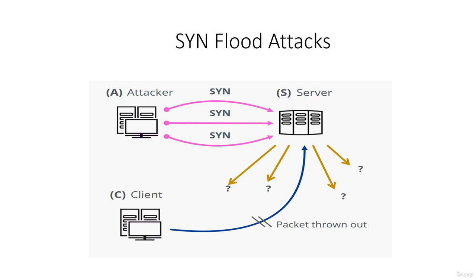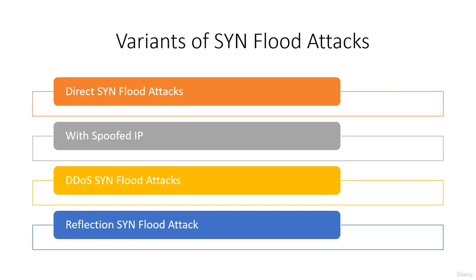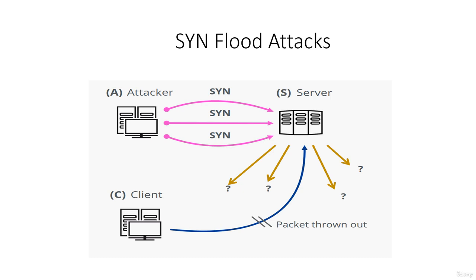So let's look at it this way. We have machine 1 sending the SYN, but also spoofing the source IP address. That means the target machine is now going to send a SYN-ACK back to a totally different machine, the one with the IP address from the original SYN request.